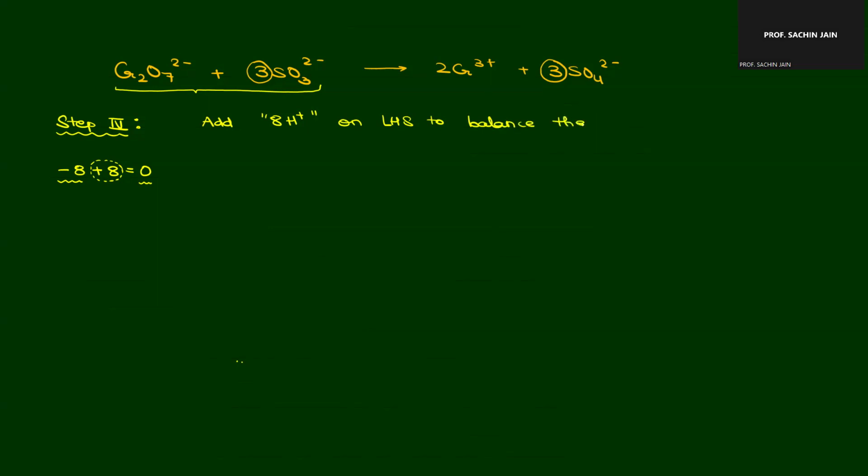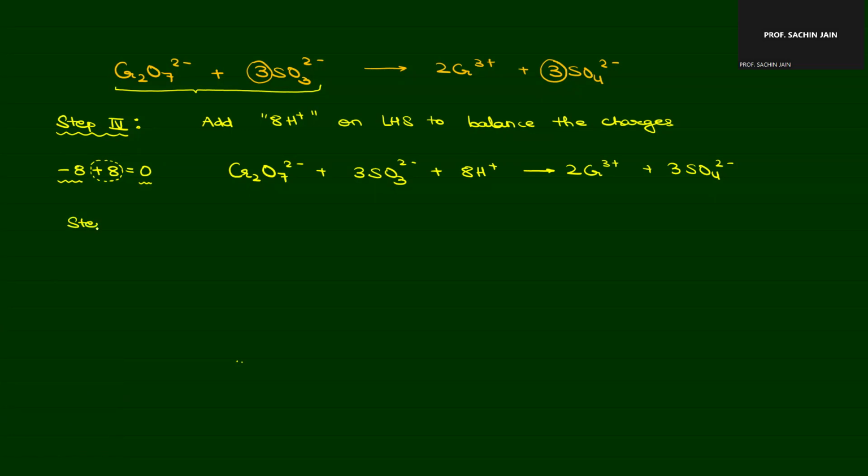The charge balancing step will be the name of this step. So my new equation becomes Cr2O7 2 negative plus 3 moles of SO3 2 minus along with 8H plus giving 2 Cr3 plus and 3 SO4 2 negative. So that is step 4, the charge balancing step.